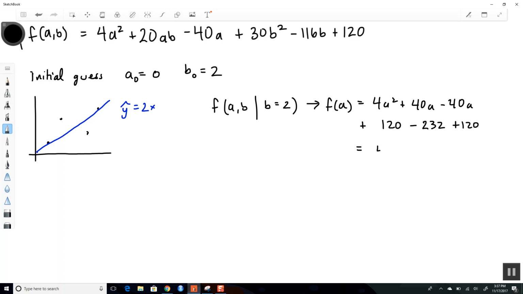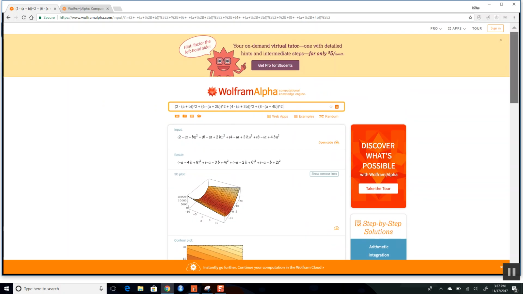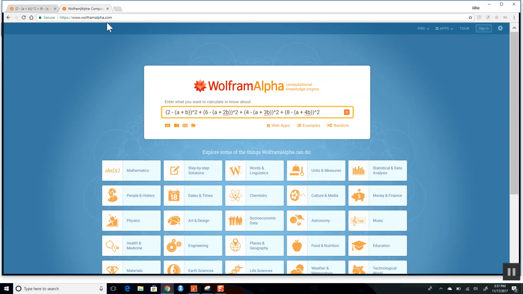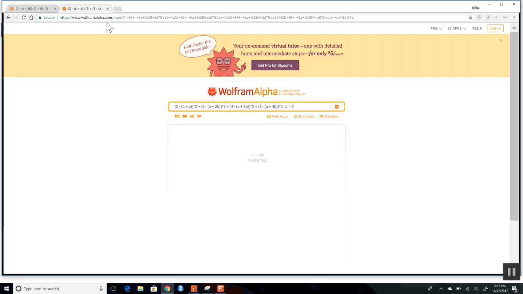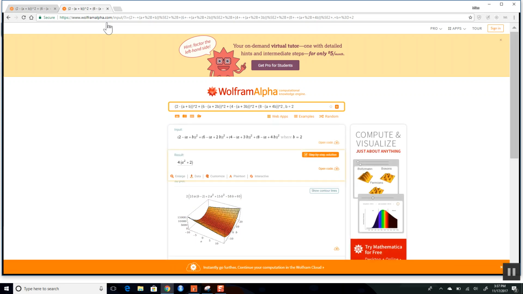So this becomes 4a squared minus 232. Is that right? I don't know. Okay, let's ask Wolfram Alpha to do our homework for us. So I'm going to say this, but we're going to set b equal to 2. Oh, I must have done something wrong. Wait, 4a squared plus 2.